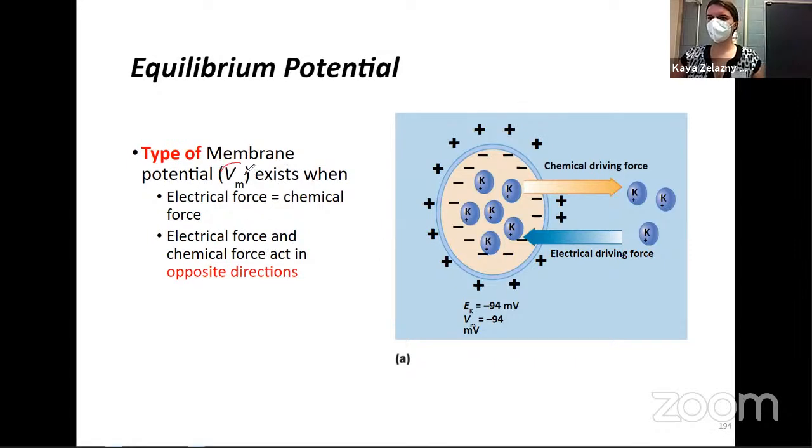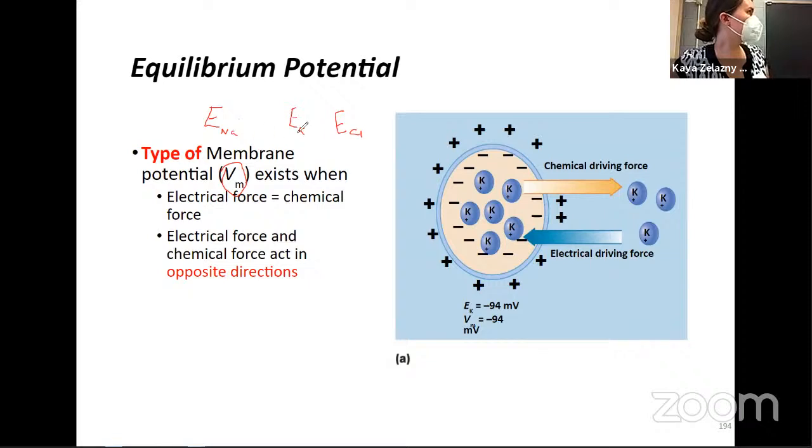So Vm here is our membrane potential, but when we specify an equilibrium potential, we're going to specify it with an E, and then we're going to say some ion at the bottom. So we could have E Na, we could have E K, we have E Cl, and it's going to tell us about that specific ion.